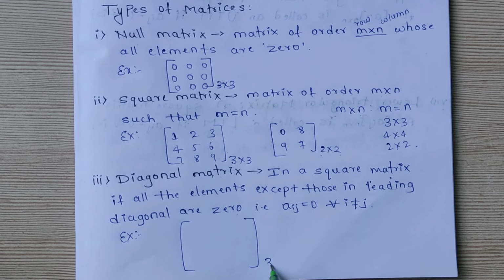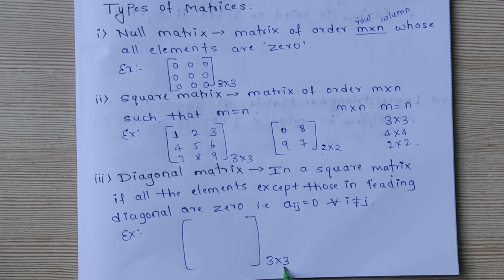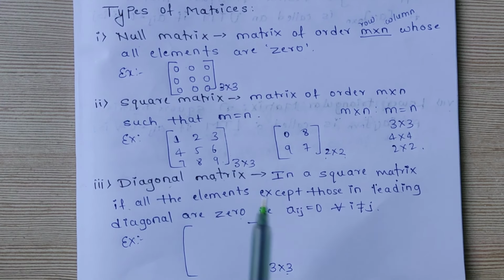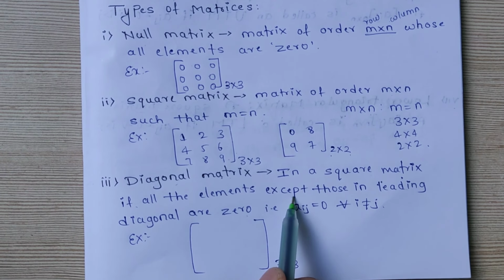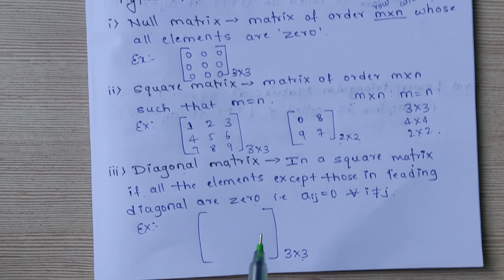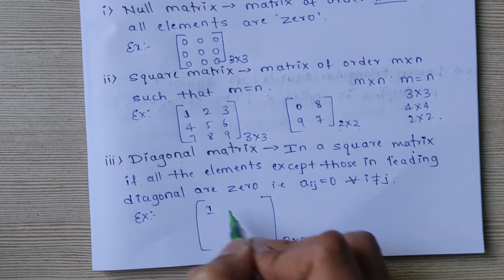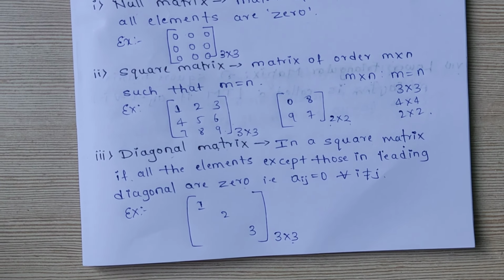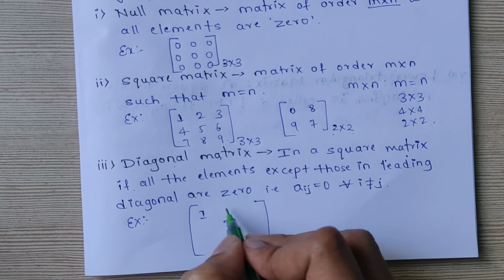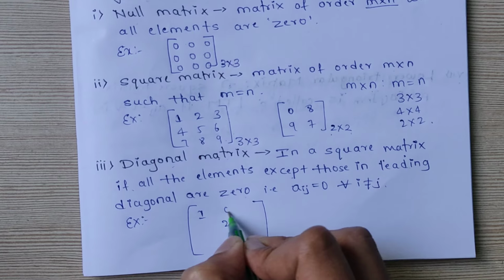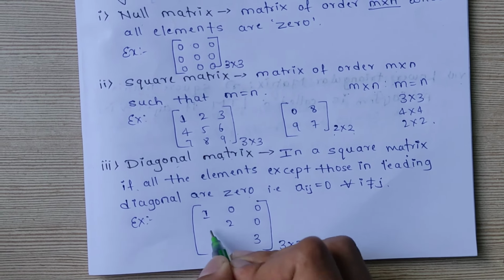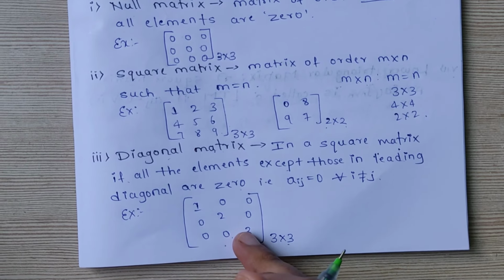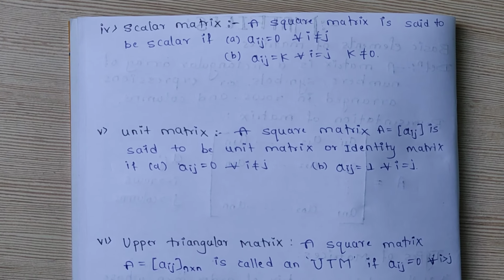Take 3 cross 3, a square matrix. For a diagonal matrix, all the elements except the leading diagonal, meaning only the diagonal elements, may be non-zero. The rest must all be 0. So this is the diagonal matrix.